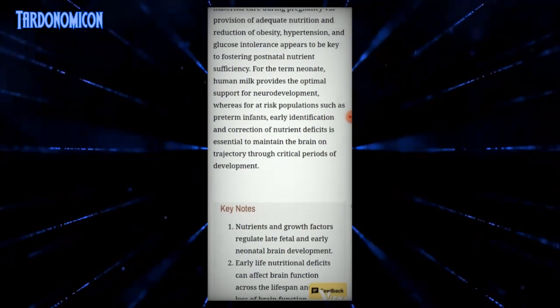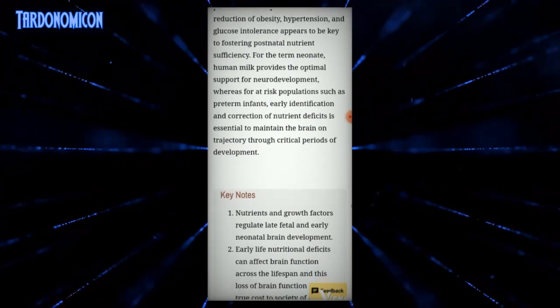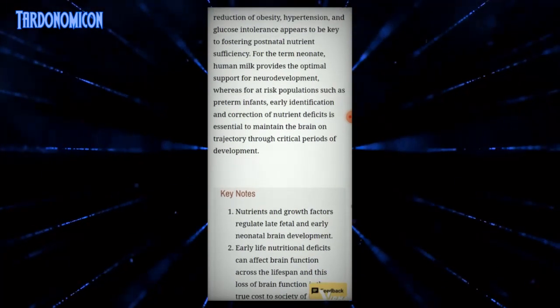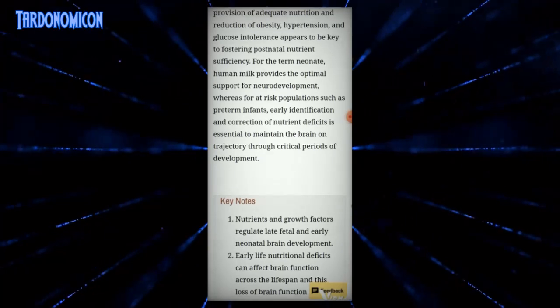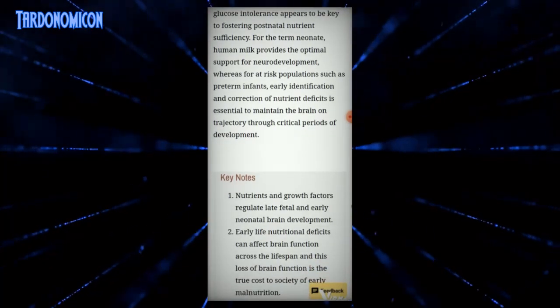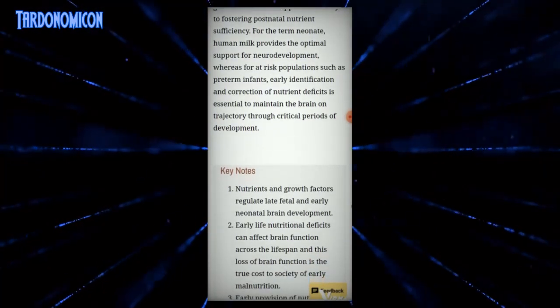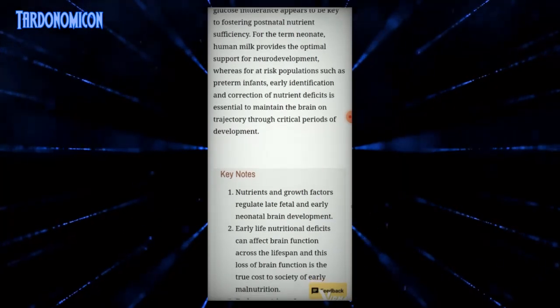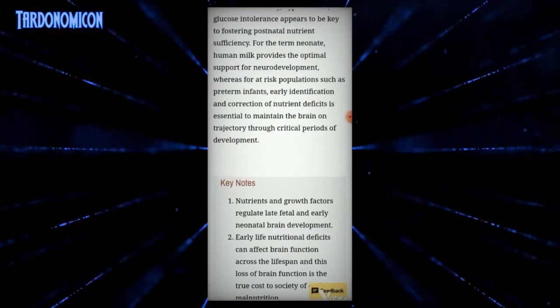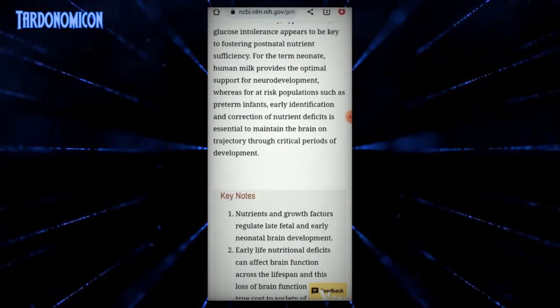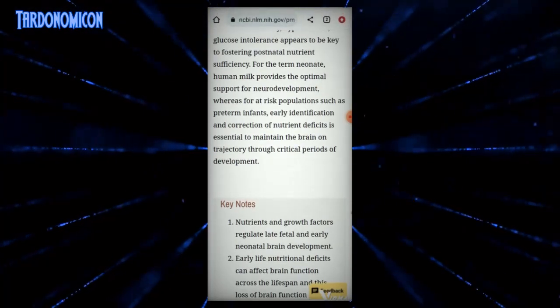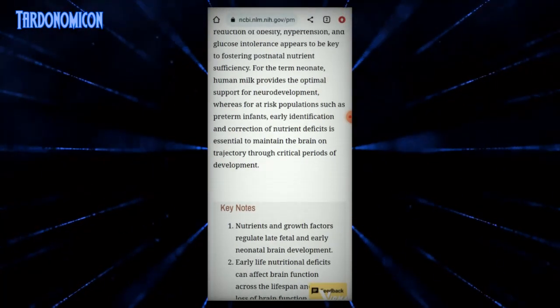For the term neonate, human milk provides the optimal support for neural development. Whereas for at-risk populations such as preterm infants, early identification and correction of nutrient deficits is essential to maintain the brain on trajectory through critical periods of development.